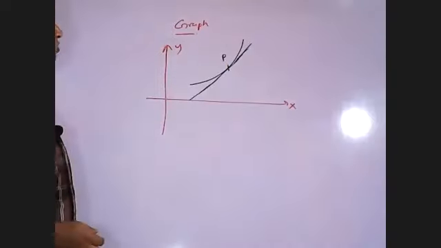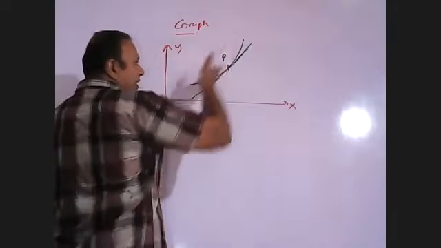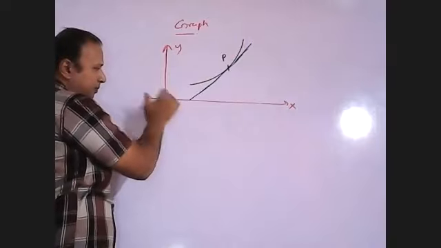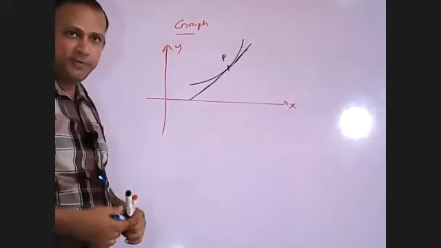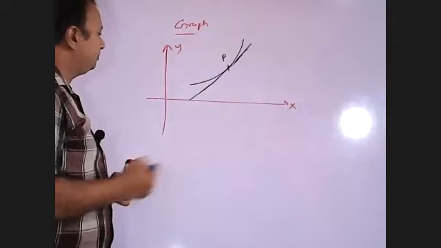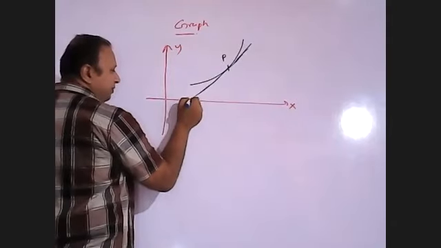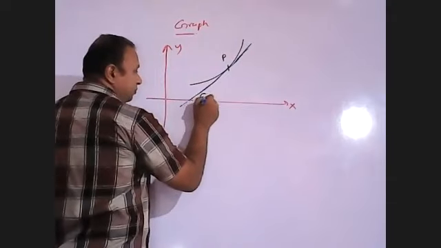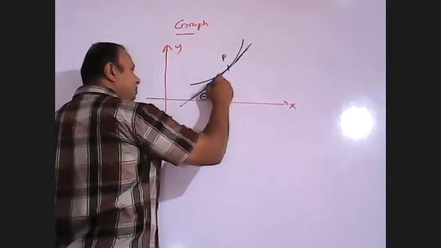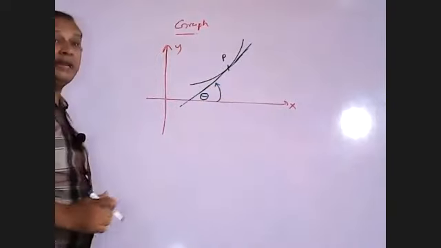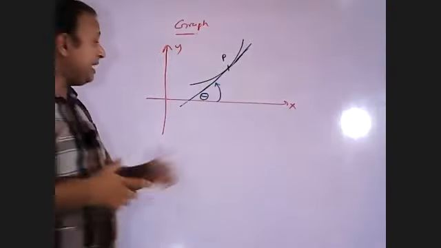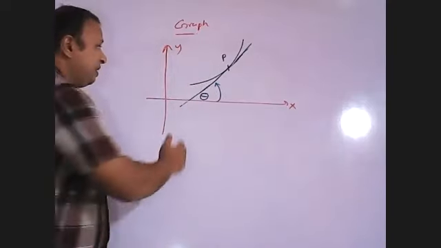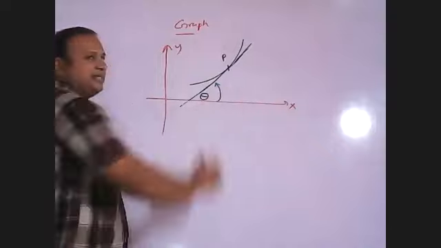Once you draw the tangent, you have to extend that tangent up to the x-axis. Then measure this angle. What is that angle? The angle between the tangent and the positive side of the x-axis.